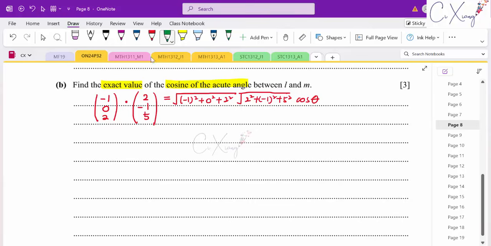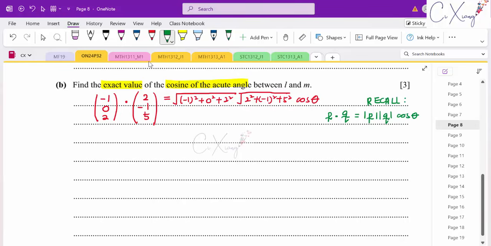In case you forget the general formula, let me recall a little. In AS syllabus, we learned about the angle between two vectors. You need to use the dot product or scalar product, where you take vector P dot product with vector Q, equals the modulus of P, modulus of Q, and cos theta. So this is what we are doing now.